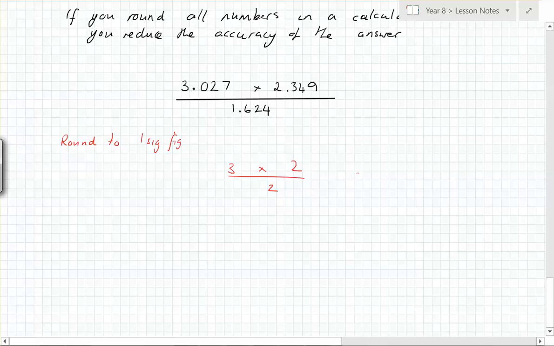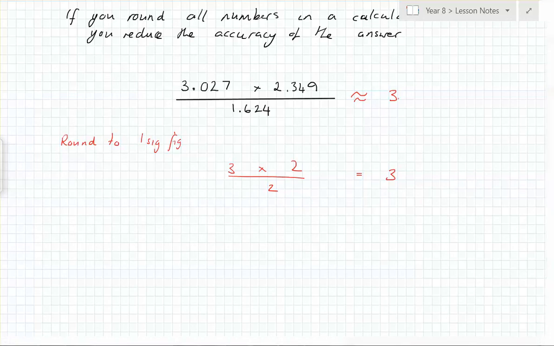And the answer to that would be 3. Now, I am not telling you that the answer to this is 3. But we can use this little wiggly equal sign: approximately 3. That is not the answer that you would put down if I ask you for that answer. But it's going to be roughly 3.